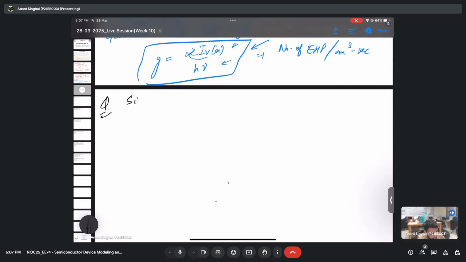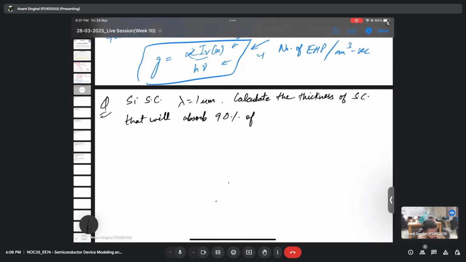Let's say we have a semiconductor silicon bar which is illuminated by light of wavelength 1 micrometer. What we need to do is calculate the thickness of the semiconductor that will absorb 90% of the incident photon energy.